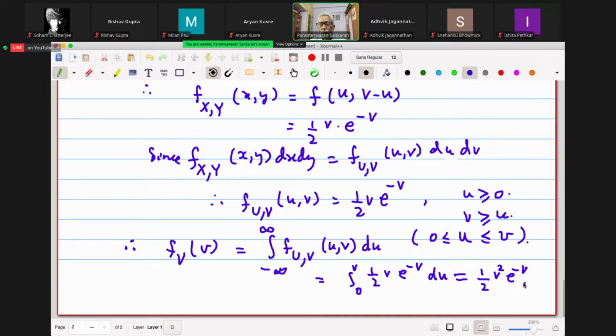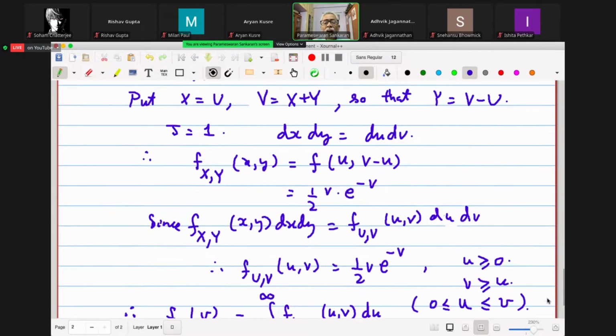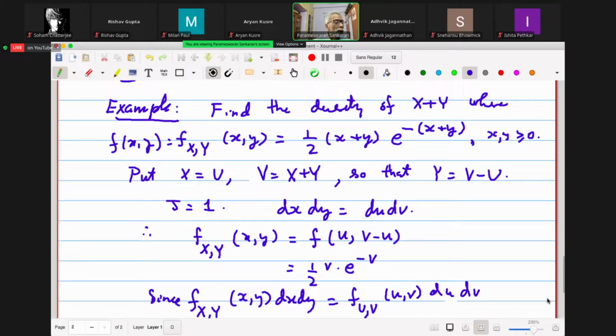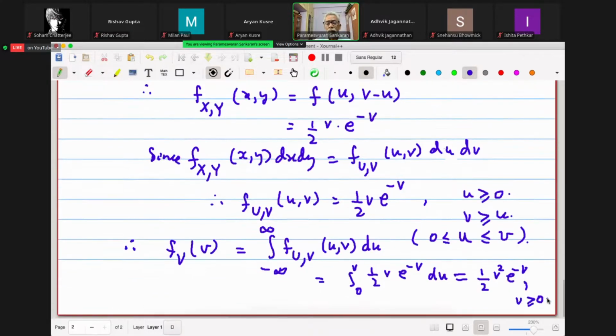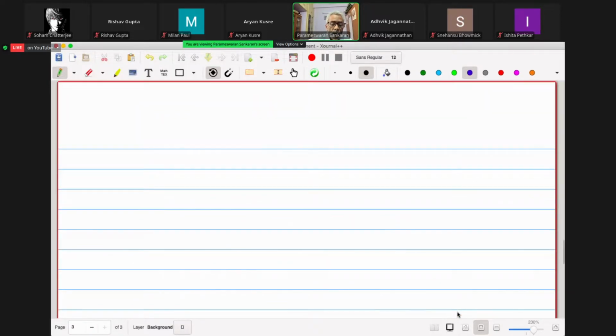And of course here, having integrated with respect to u, now this is something that is depending only on v, and v can be greater than or equal to 0. I hope I did not make any mistake here. Yeah, I can just check that this is a density function. Okay, let us move further ahead.